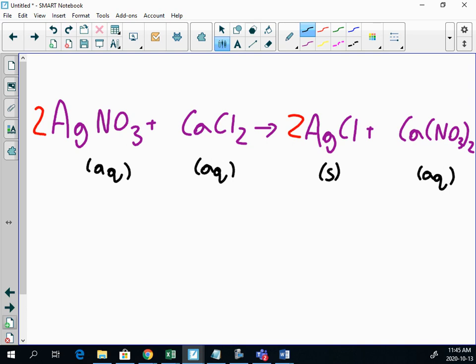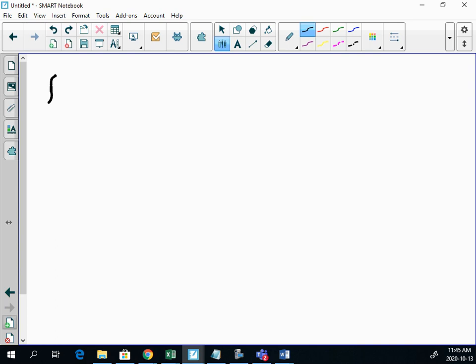Alrighty. And then our final F is another double replacement reaction. This one says a solution of barium chloride and a solution of lithium sulfate are mixed. Barium sulfate precipitate forms. So we're doing the exact same process as last.